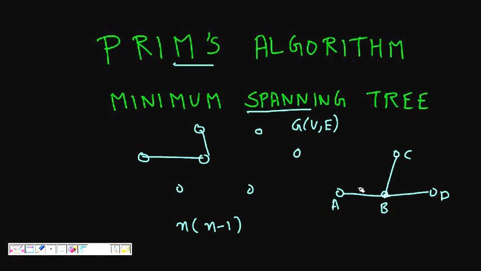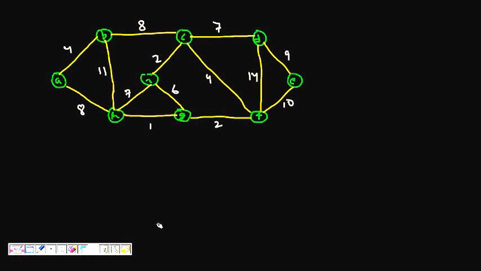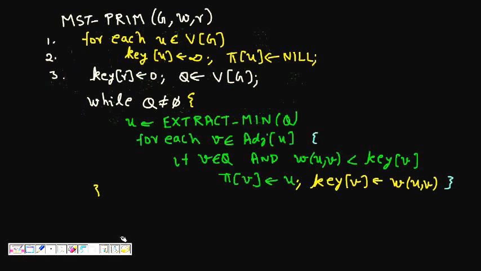It means that you can travel from any node to any other node in the graph, and this is used quite a lot in road construction, for the army, for postal services also, where you have to connect all the cities. So now we will try to learn about Prim's algorithm.